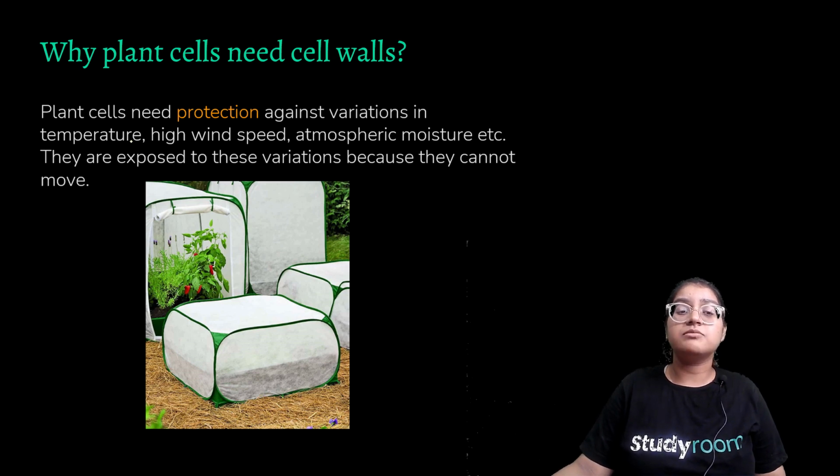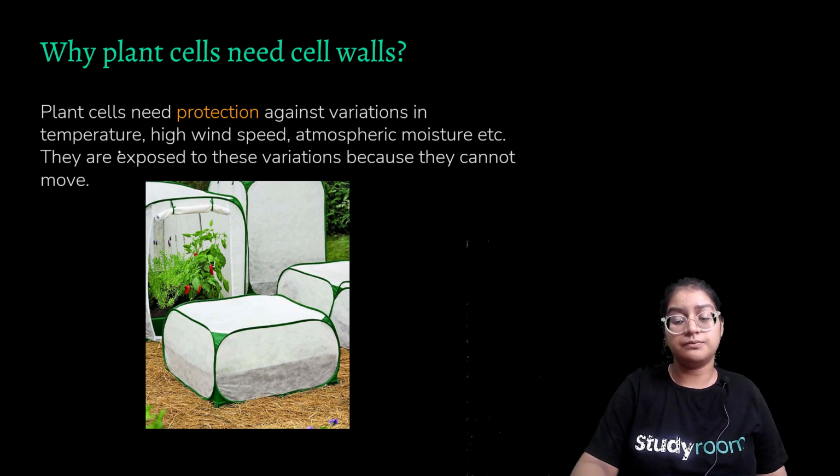They have to protect themselves from temperature, high wind speed and atmospheric moisture. They are exposed to these climatic variations, which makes it important for them to have an extra shield. So that's why we need the cell wall, to protect it from the different climatic variations.